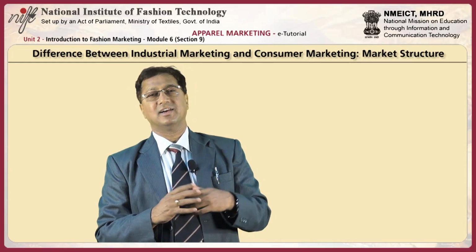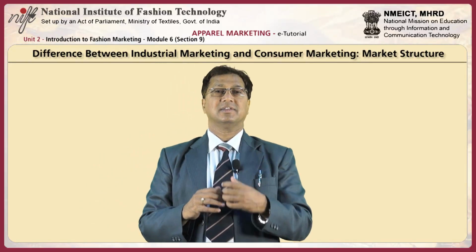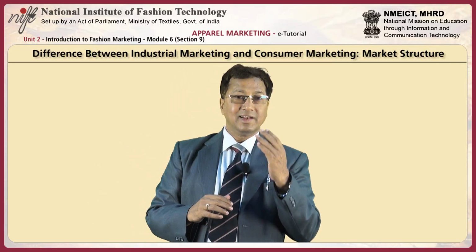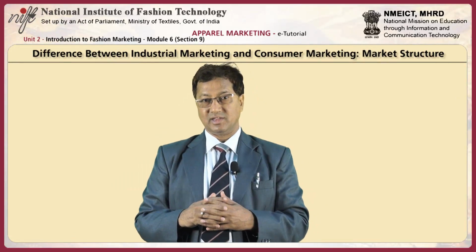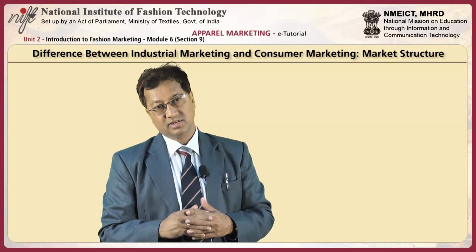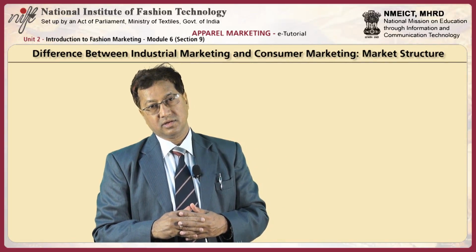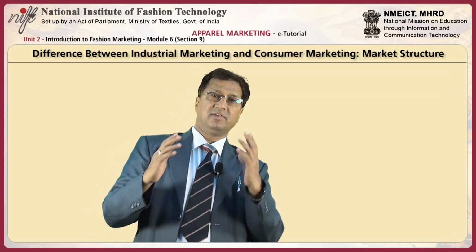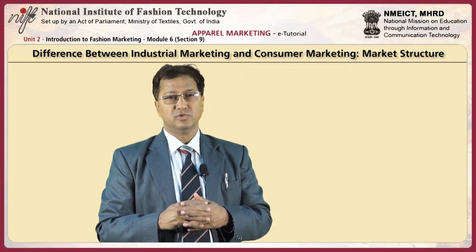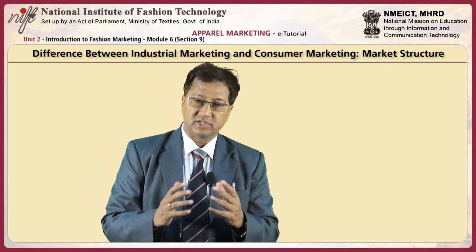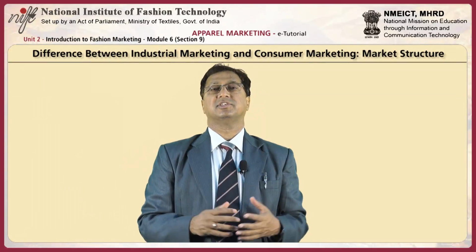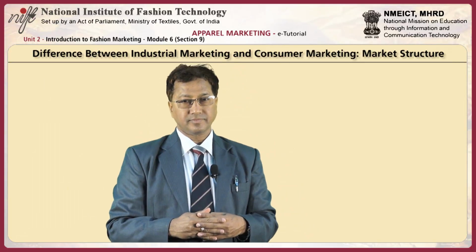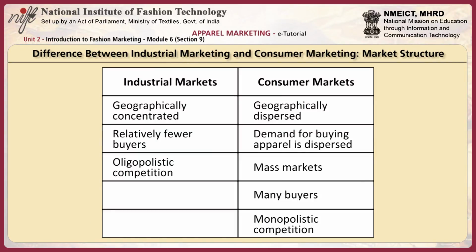So, let us understand the difference between industrial marketing and consumer marketing structure. What is the difference between industrial and consumer marketing structure? Let us start with industrial markets. They are geographically concentrated.